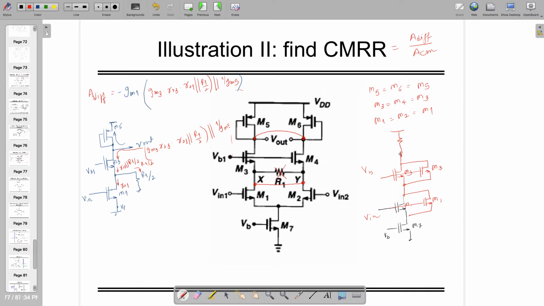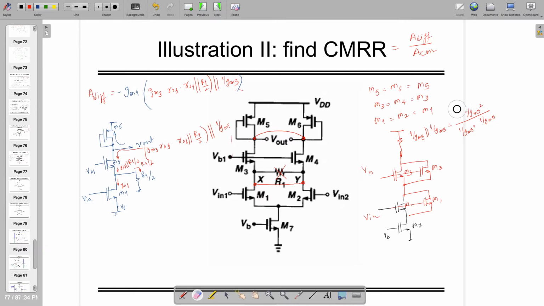By the way, both sides are actually 1 by GM5, right? Because 1 by GM5 in shunt with 1 by GM5 is going to give you 2 by GM5 divided by... sorry, there is one mistake.